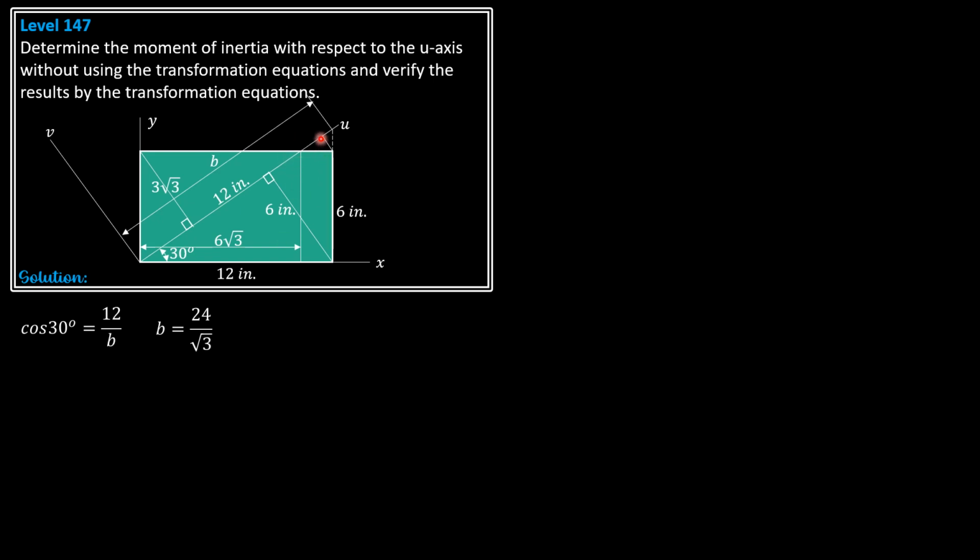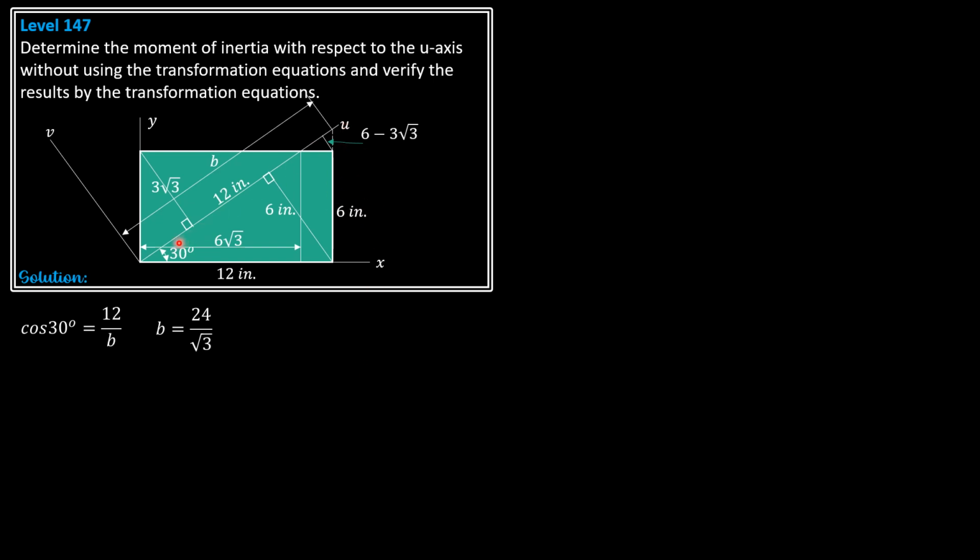Therefore, the height of this small triangle is 6 minus 3 square root of 3. How is this computed? Quantity 12 minus 6 square root of 3, times sine 30. That's the opposite, hypotenuse times sine of 30. So that's why it's 6 minus 3 square root of 3.